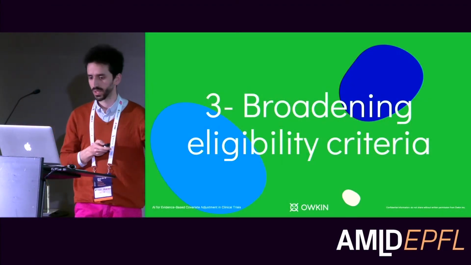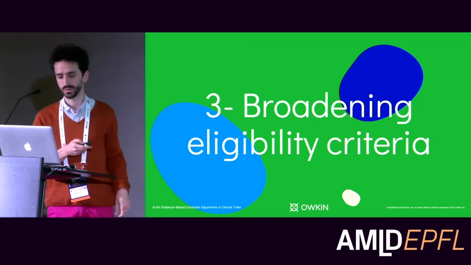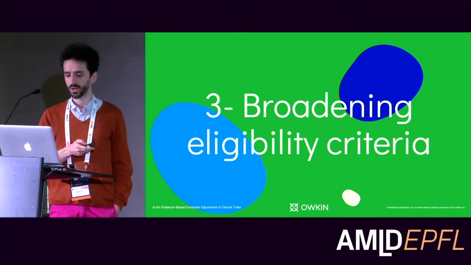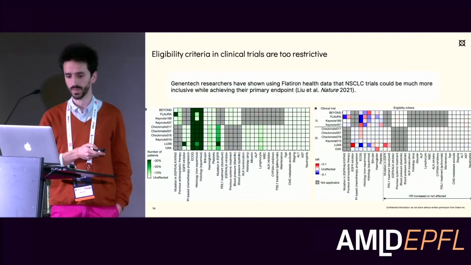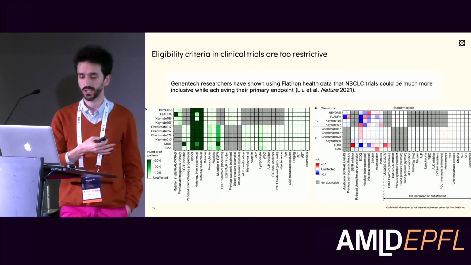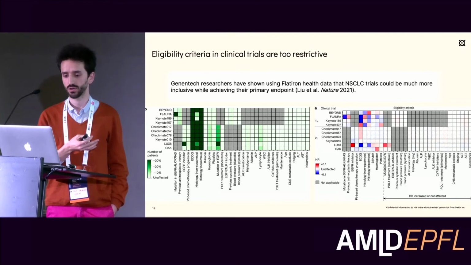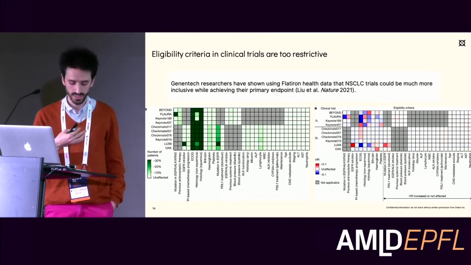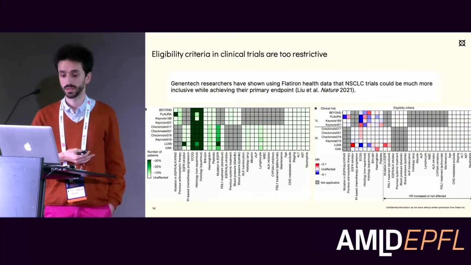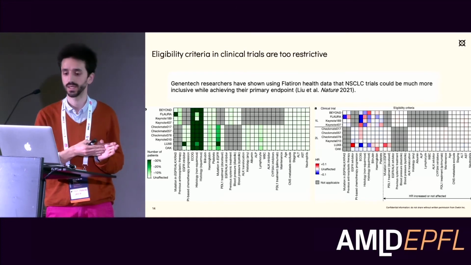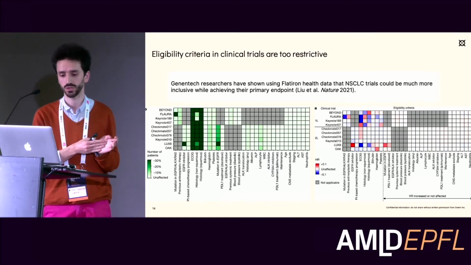So now we're going to try and see the link between covariate adjustment and eligibility criteria. There is a discussion around eligibility criteria that centers around the idea that maybe we've been too restrictive in the eligibility criteria in clinical trials.